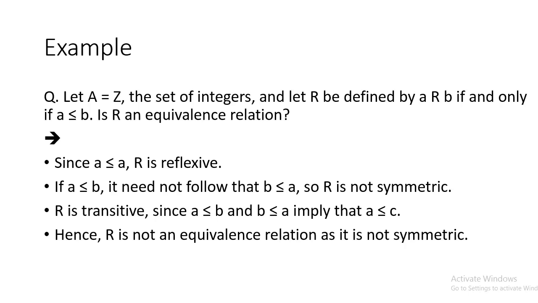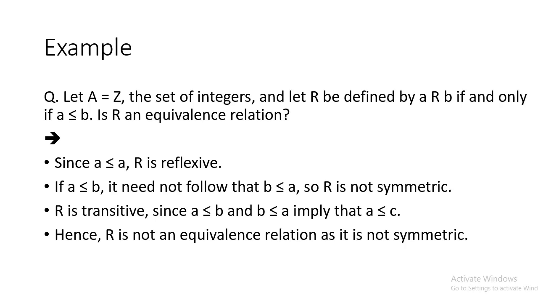So the question here is: is the relation R an equivalence relation? What is given in the question itself? A equals Z, the set of the integers, and R is defined by a R b if and only if a is less than or equal to b.